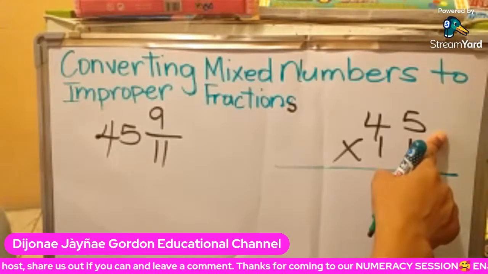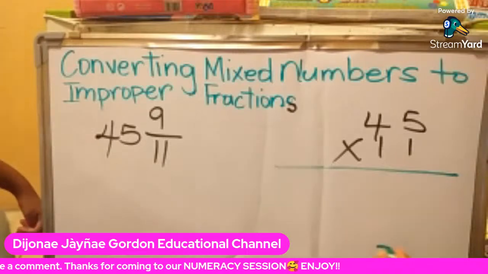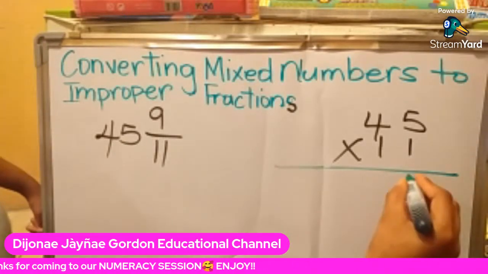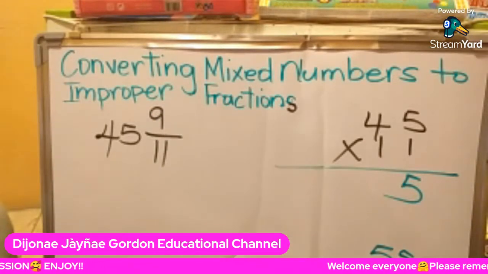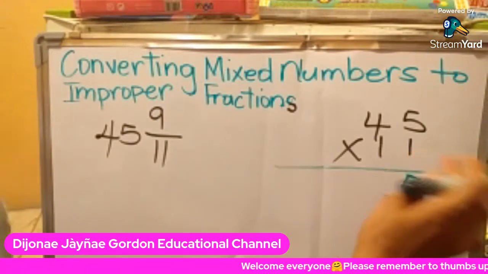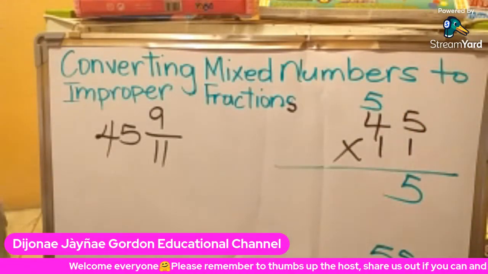11 multiplied by 5 is 55. All right, so I'm putting down this 5. Oh, you know what teacher did wrong? 11 multiplied by 5 is 55. Carry that 5, put down that 1.